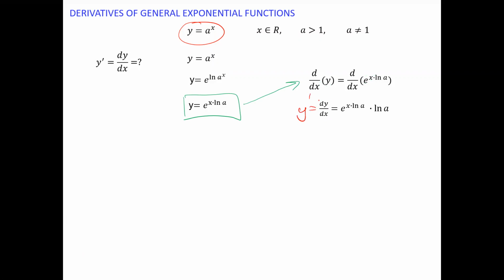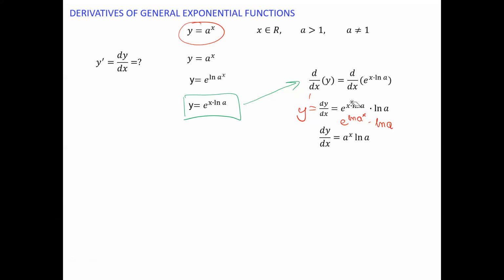And now, the derivative of e to the x ln of a is the same function, e to the x ln of a, times the derivative of the exponent, which is just ln of a.